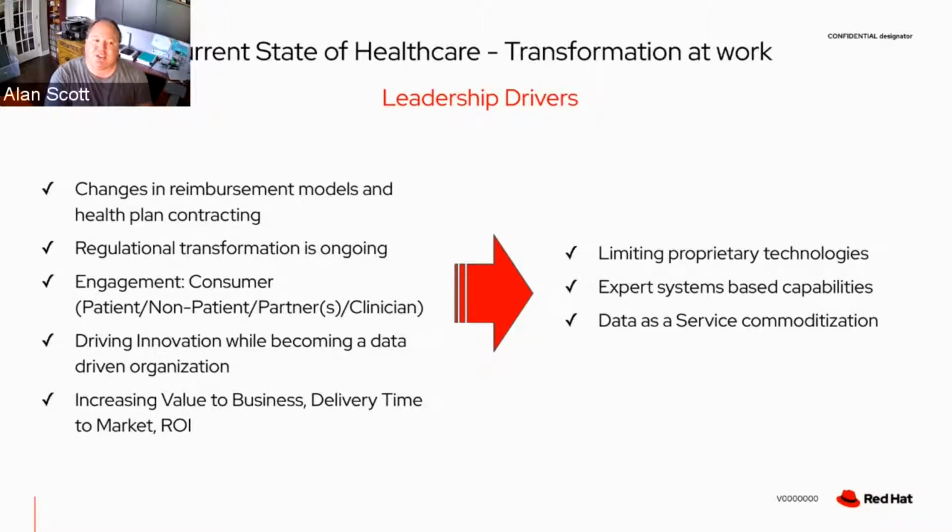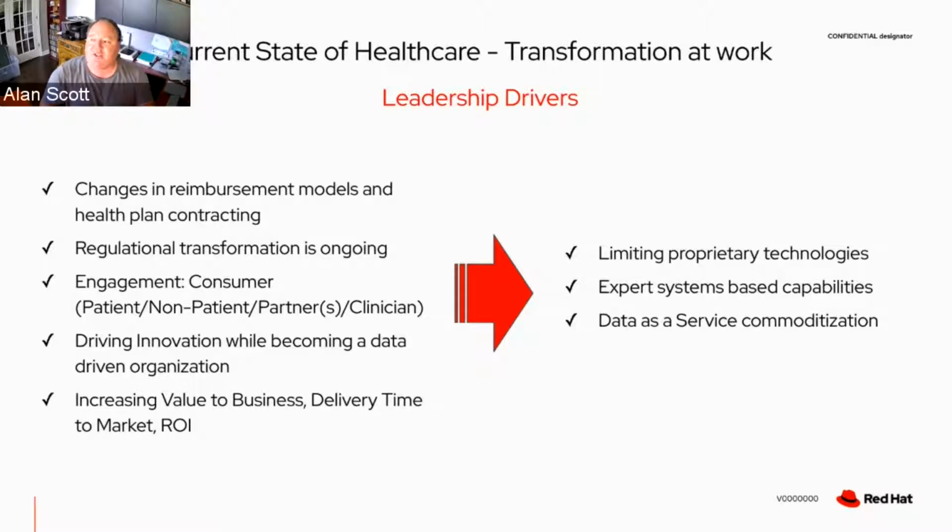That change that we talked about, reimbursement and healthcare plan contracting, is huge, top of the mind for healthcare leadership. And it's causing this transformation at work. And there are also those regulations that we're going to talk about that are ongoing that not only impact COVID today, but will impact disease and outbreak detections for the future as we see them.